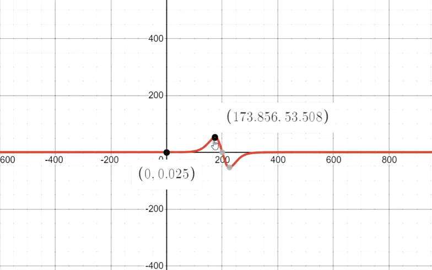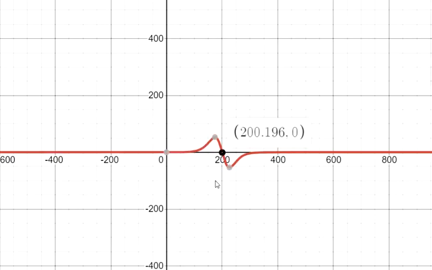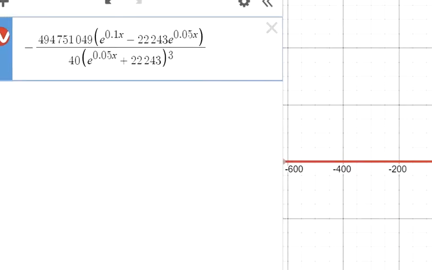I forgot we're looking at the derivative of infection. So these would be inflection points, right? Because that's where the second derivative would equal 0. That's where the first derivative is leveled off. So we're looking to set this equal to 0. That's why we typed it in, right? So we set it equal to 0. We got roughly 200. On day 200, we expect to reach a local maximum, and you could verify that too.